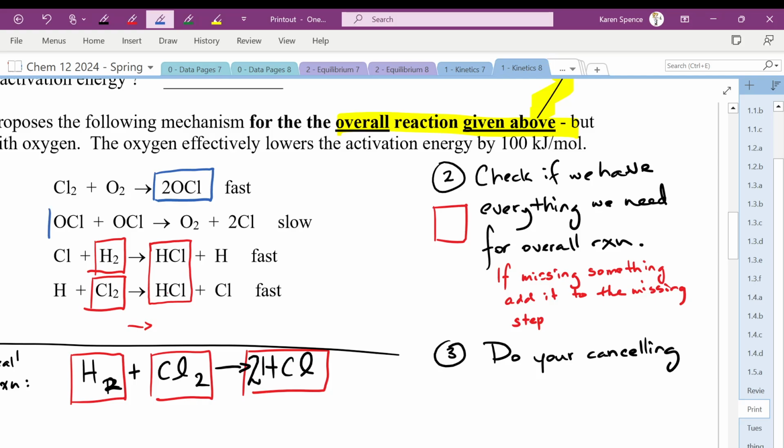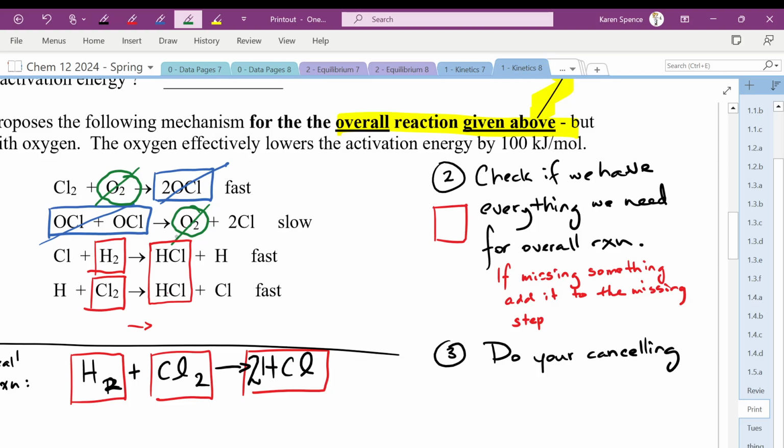I also have an OCl and an OCl on the left-hand side, which is the same as 2 OCls. So those will cancel out because they are on the right-hand side and the left-hand side. I have an O2 on the left-hand side, but I also have an O2 on the right-hand side. So those will also cancel out.